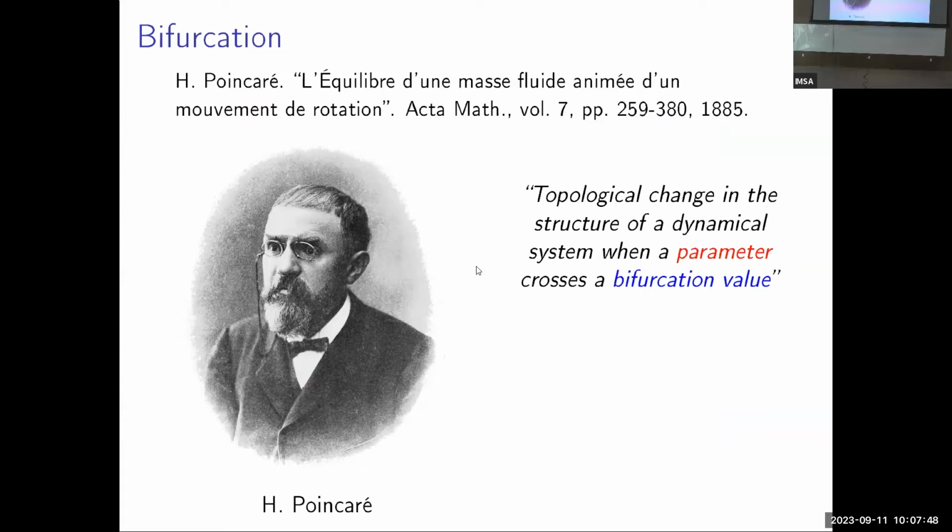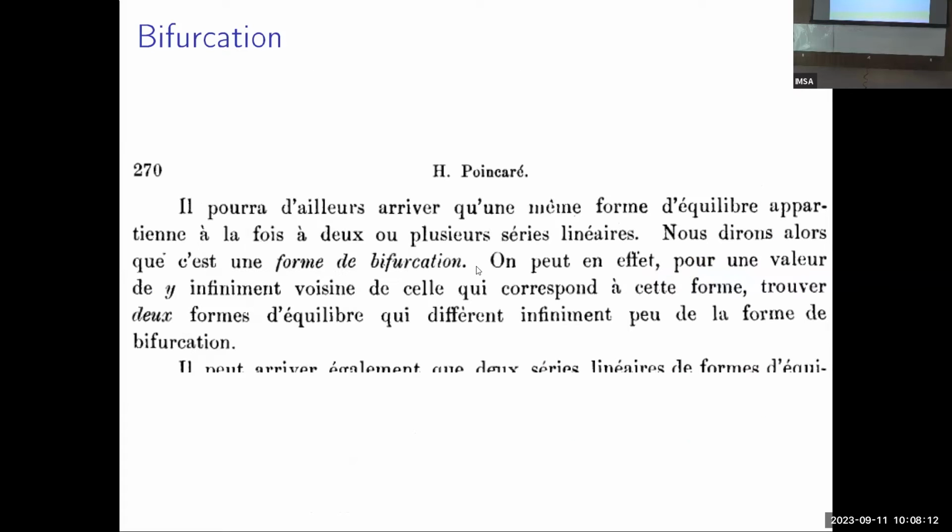And he describes the bifurcation as a topological change in the structure of a dynamical system, as a certain parameter crosses a bifurcation event. So in the case that we've just seen of the buckling problem, the parameter P is the load, and the bifurcation values are given by this discrete set. This is the first appearance of the word bifurcation.